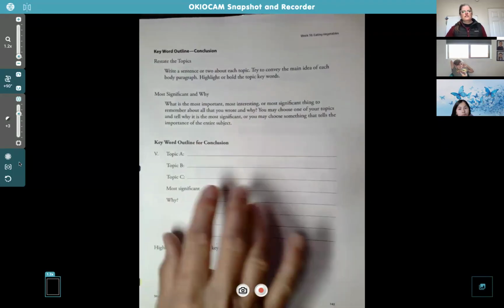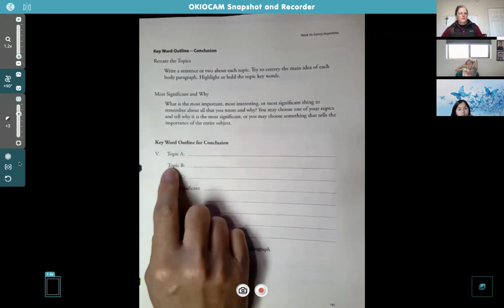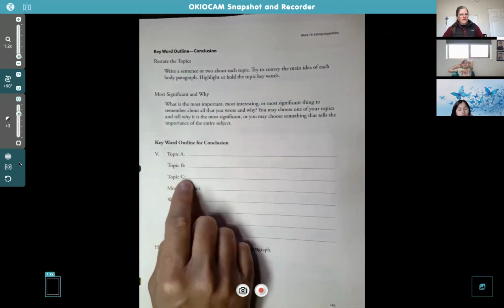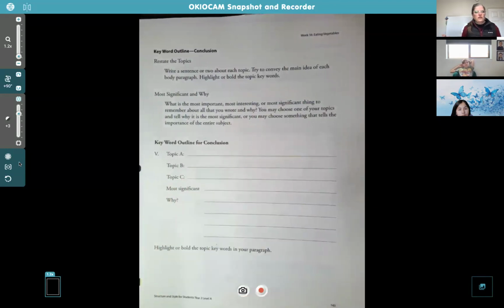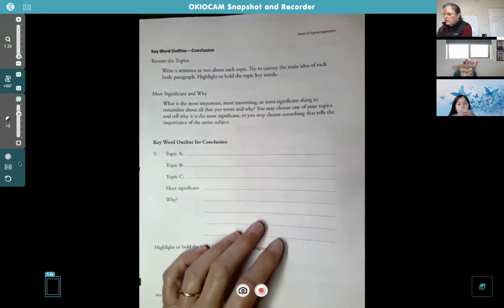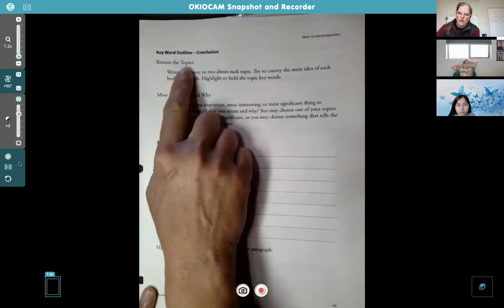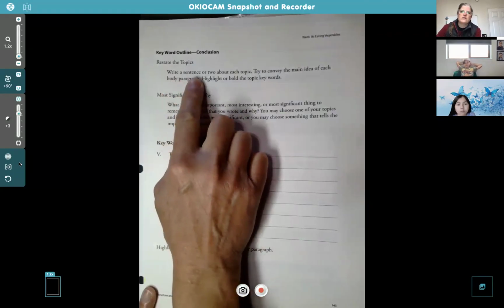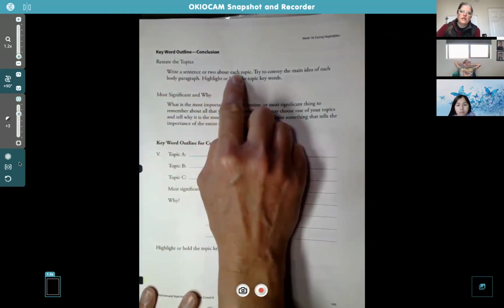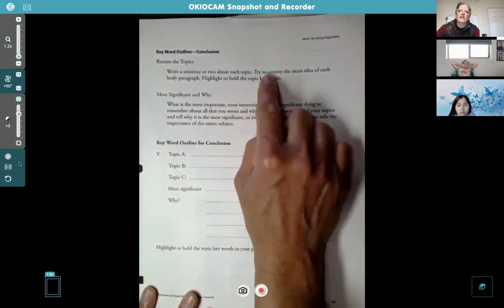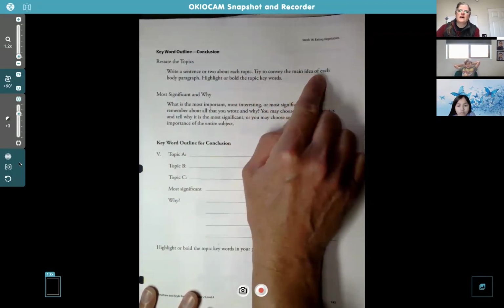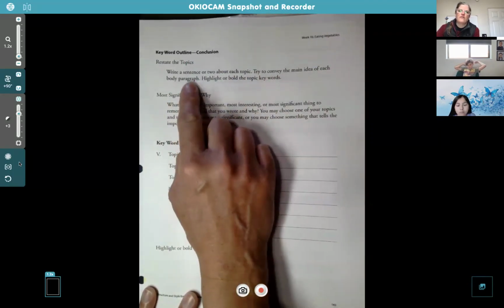Okay. So notice it says topic A, topic B, and topic C. Really that is your three body paragraphs that you already wrote about. So it says up here, restate the topics. Write a sentence or two about each topic. Try to convey the main idea of each body paragraph.